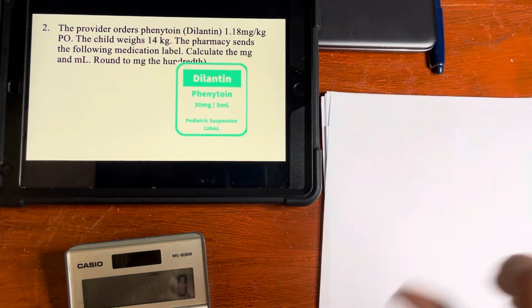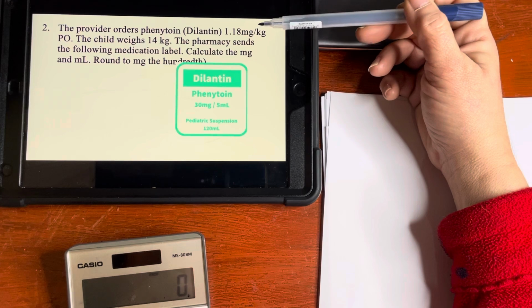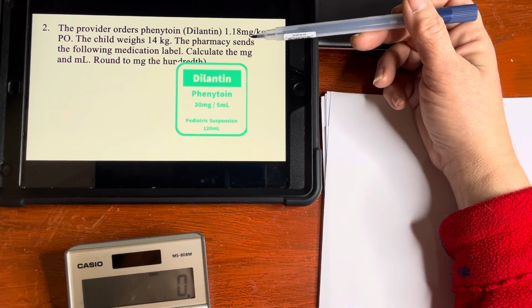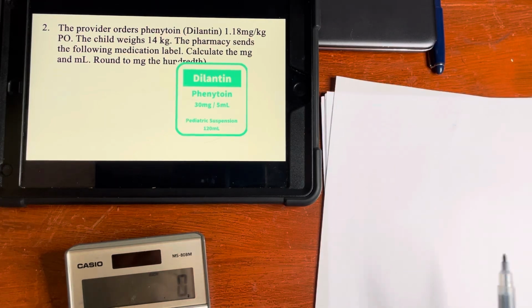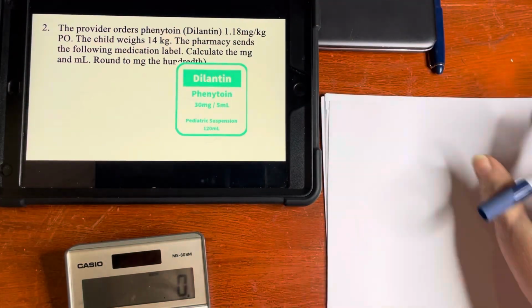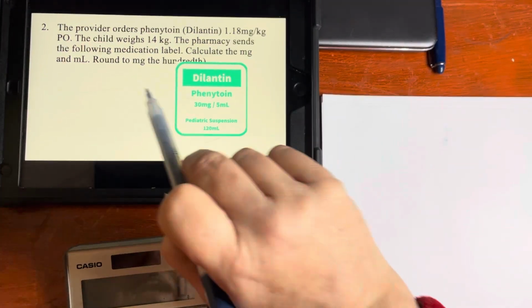So the prescriber orders phenytoin Dilantin 1.8 milligrams per kilogram PO. The child weighs 14 kilograms. The pharmacy sends the following medication label, and you have to calculate how many milligrams and milliliters you're going to give.